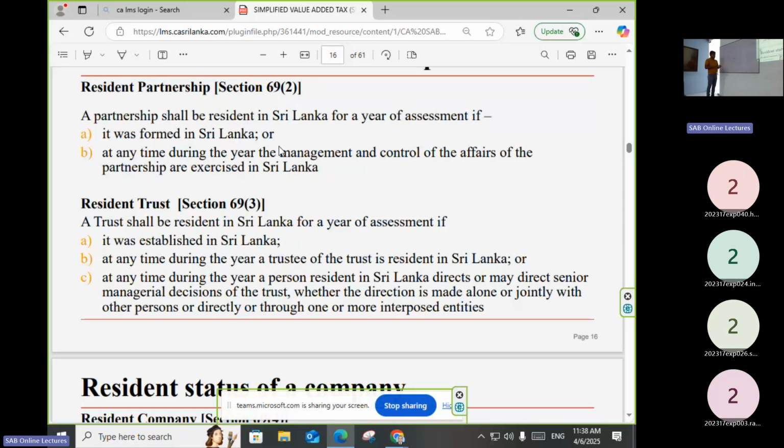The person in Sri Lanka, at any time during the year, a person resident in Sri Lanka, directs or may direct managerial decision.